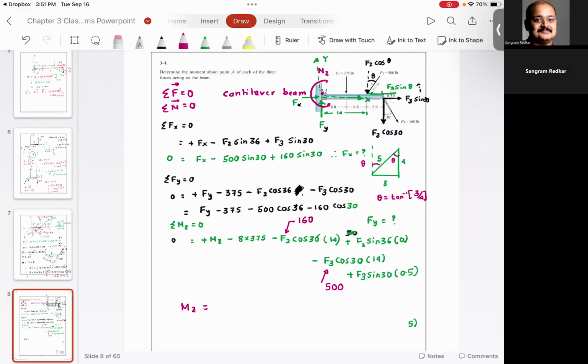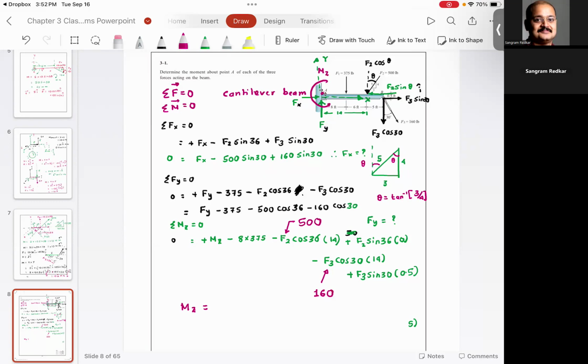Can you see there is only one unknown? It is the entire equation. So you should be able to solve the problem. Oh, okay. F2 is 500. Yeah, we are right. F2 is 500. And F3 is 160. Yeah.